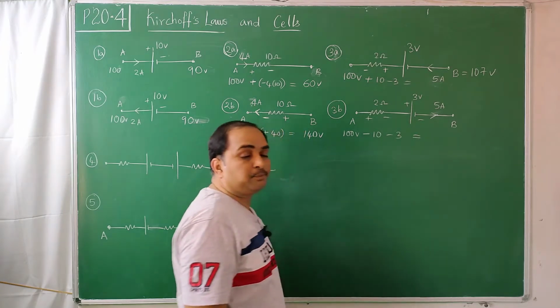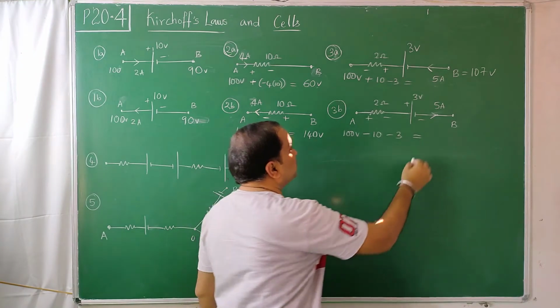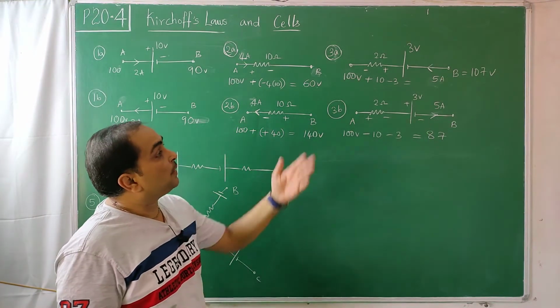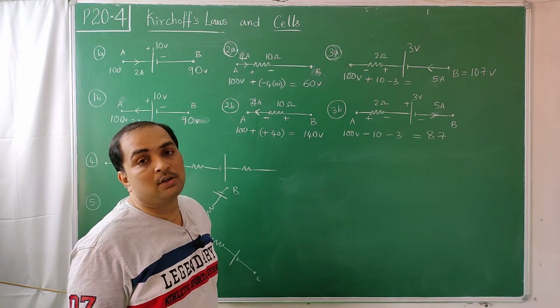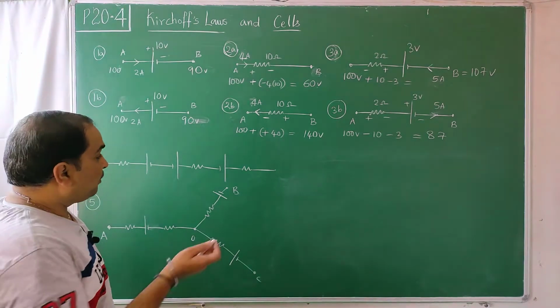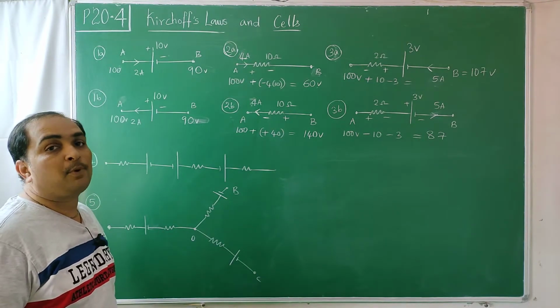So the answer is 100 minus 10, 90, 90 minus 3, 87 volts. So voltage of B is 87. Previously it was 107. Try to understand these distinctions. Before the resistor and after the resistor, you should be able to tell the potentials.